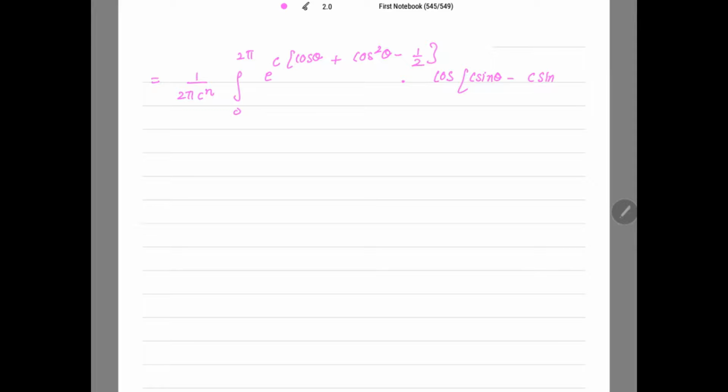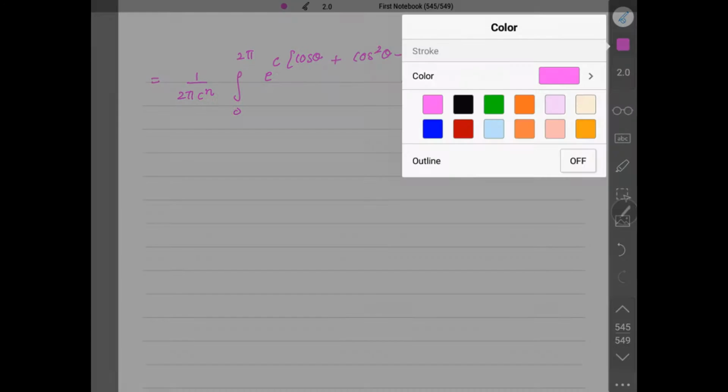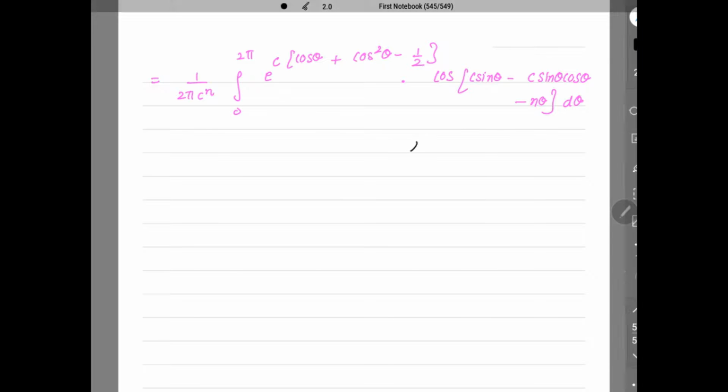What is sin of 2 theta? This is 2 sin theta cos theta. So 2 cancel. I'm writing c sin theta cos theta minus n theta d theta. I have used sin of 2 theta as 2 sin theta cos theta in this step.